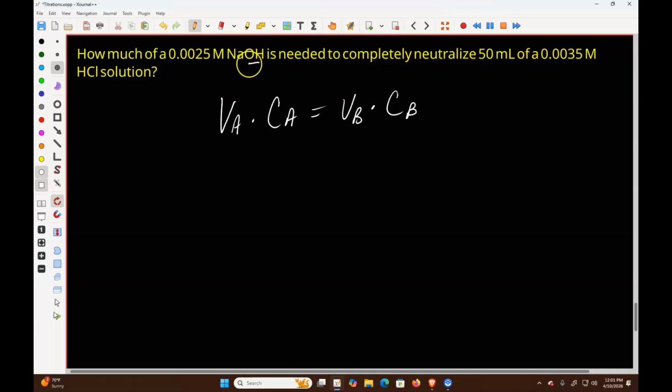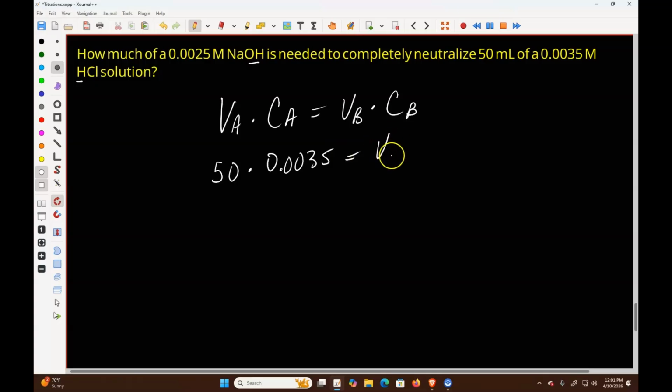Since I have one OH and I have one H, I don't have to do anything special. So the volume of the acid was 50 milliliters times the concentration of the acid, which was 0.0035.